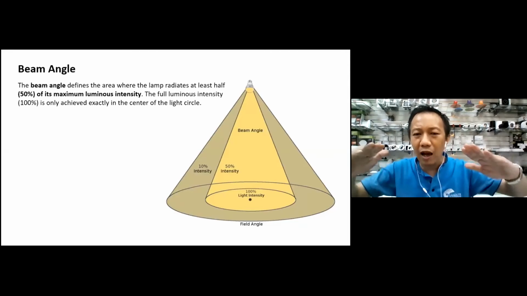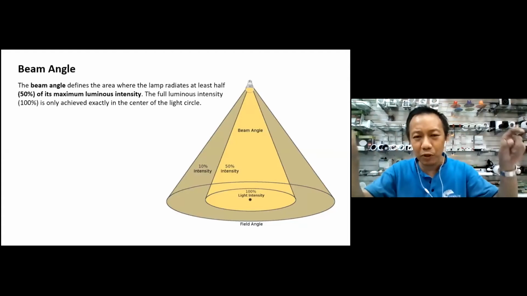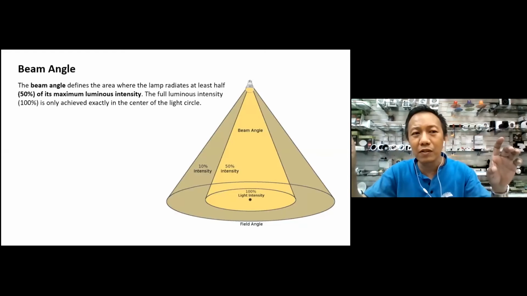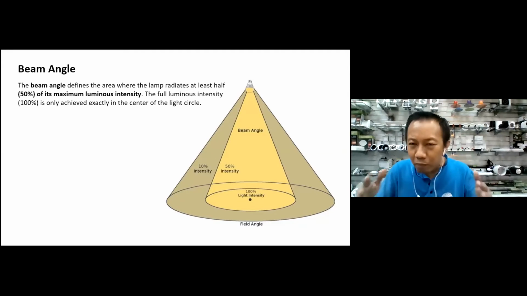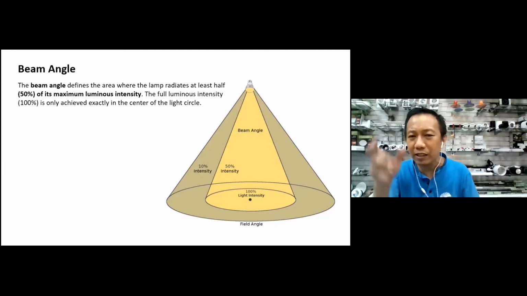Outside of the 50%, usually yung up to yung extent na may 10% pa nung intensity nung light source, yun naman yung complete field angle. Pero normally may mga spill pa yan outside of that, the field angle. Pero basically for computation sa lighting, ang term na ginagamit, itong beam angle na 50% of yung maximum luminous intensity niya.